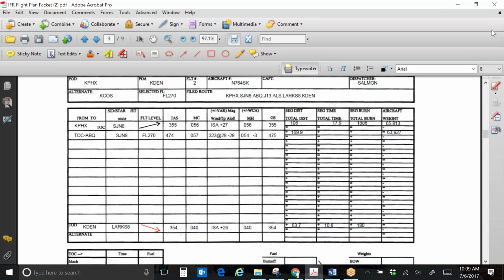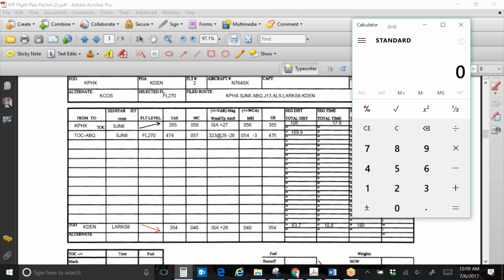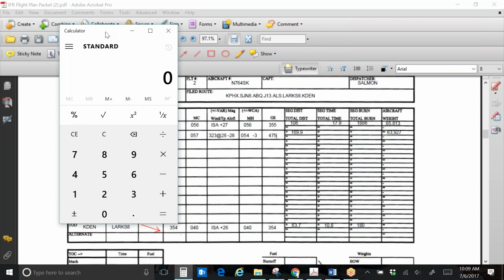Okay, very good. So now, if we are going, bring up the calculator here, move it over here a little bit. So we're going 169.9 miles, and we're going 475. So all we do is take that distance, divide it by 475, and this is to get our time now.